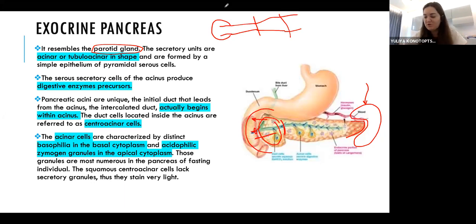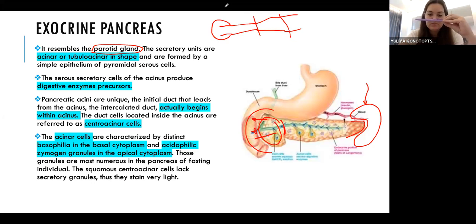If you don't understand my picture, this always helps. This is the intercalated duct, my pen is the intercalated duct. My hand is the acinus. If it is like this, it is parotid. If it is like this, it is exocrine pancreas. In your oral, you can do this, they will be very happy. So the acinus continues as the intercalated duct.